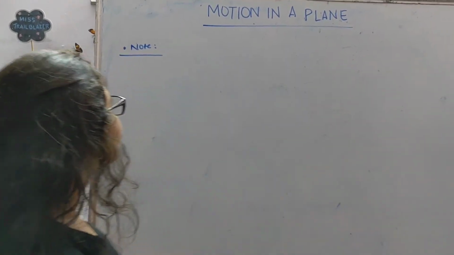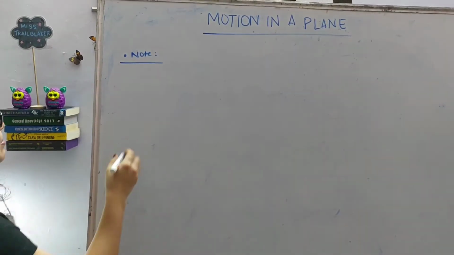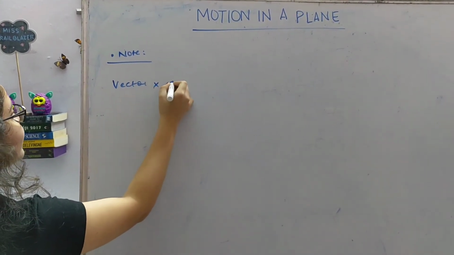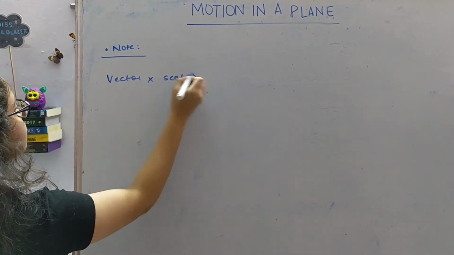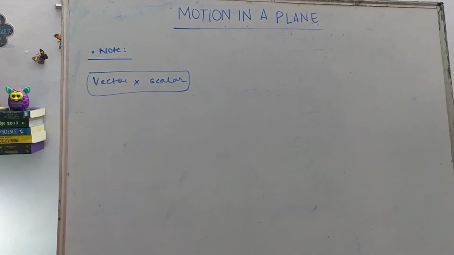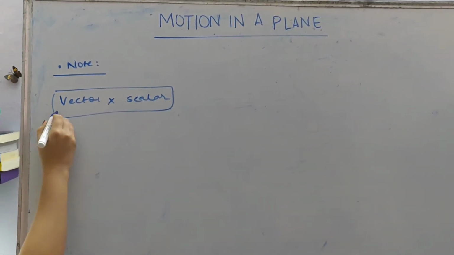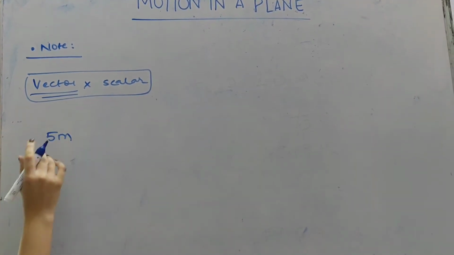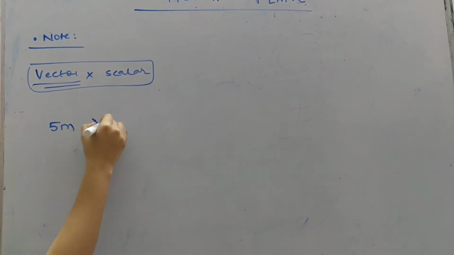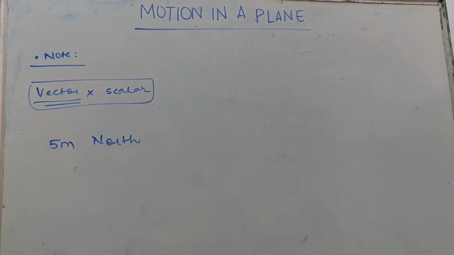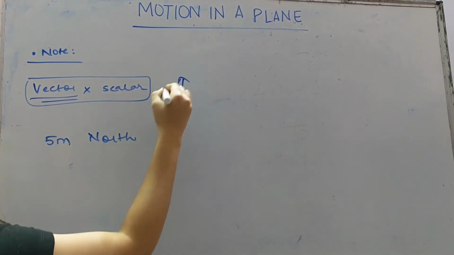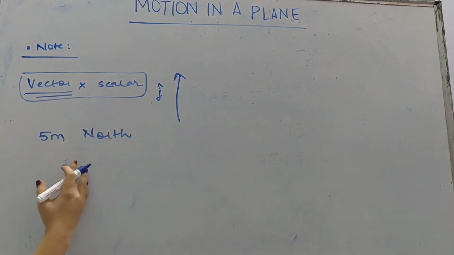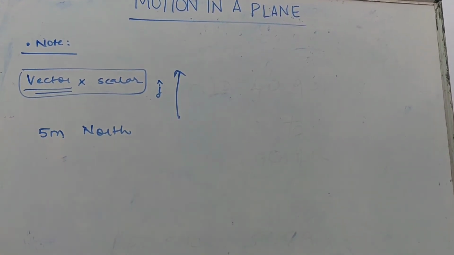So now here's a quick note. If you multiply a vector by a scalar quantity, what will you get? Say I have 5 meter, this is my displacement, 5 meter north, in this direction, that is in positive j cap. Start comparing normal stuff to this, then it will become easier.